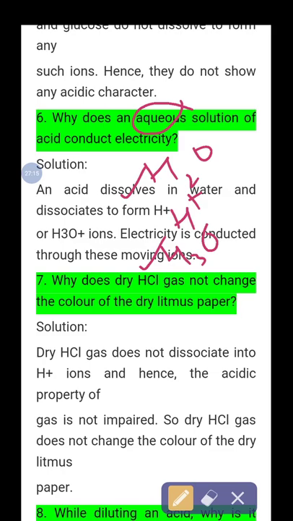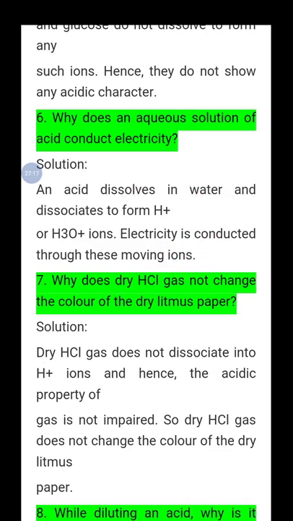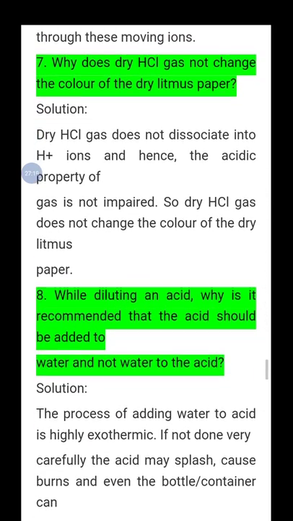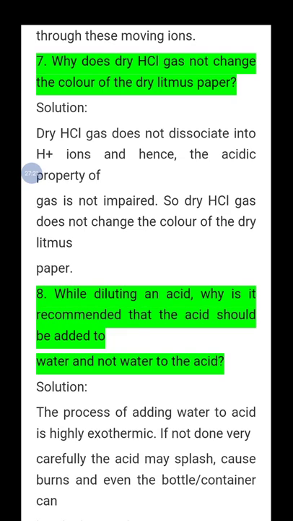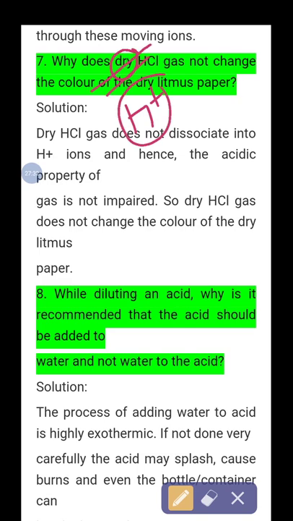So it conducts electricity. Why does dry HCl gas not change the color of dry litmus paper? Because the answer is in the question: it's dry HCl. So it cannot release H+ ions because it is dry and does not have the presence of water.